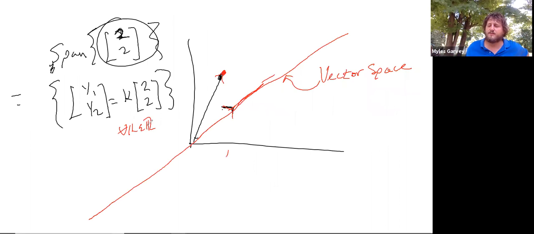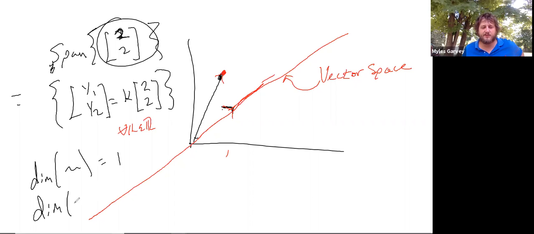It's a line. It doesn't cover the whole plane. The dimension of the real numbers, as we just illustrated in the plane, is equal to 2. I use two vectors to generate those.